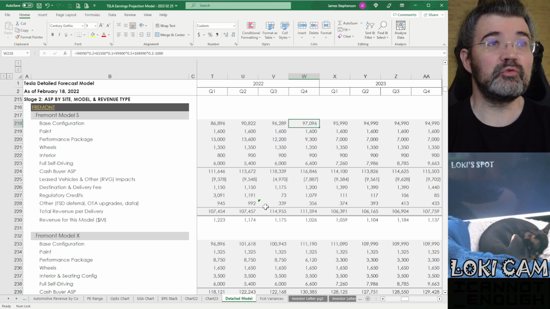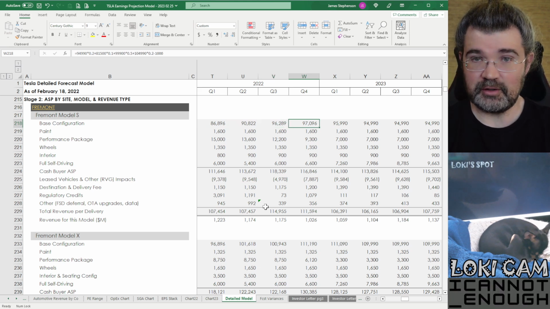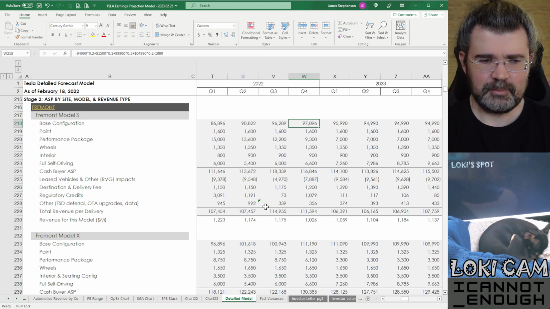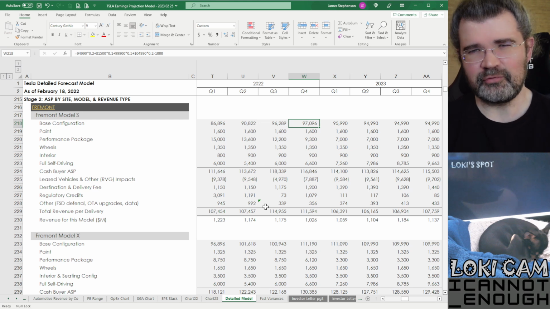I did dock this one $1,000 for the U.S. deliveries of mid to late December. There was an incentive to go ahead and take delivery.